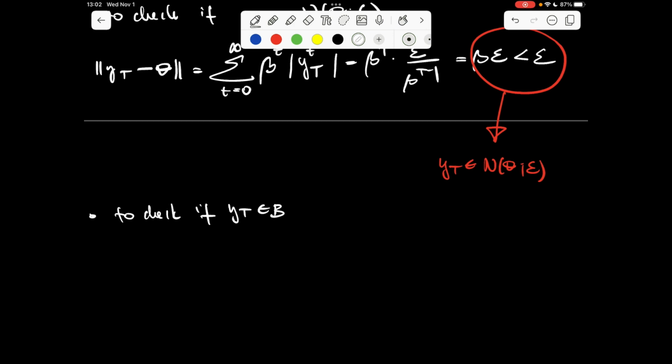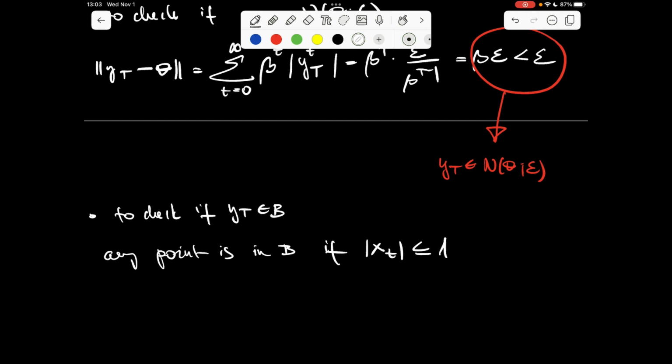Any point is in set B if for any t, in absolute value it is not greater than 1.